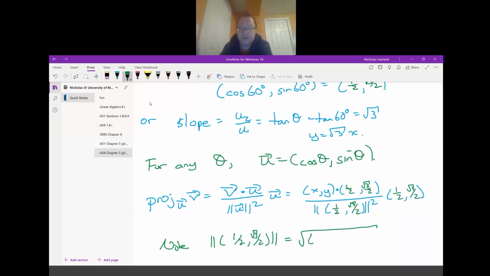All right, so this would be 1/2 squared, so that's a quarter. Root 3 over 2 squared is 3 over 4, so that's equal to 1.